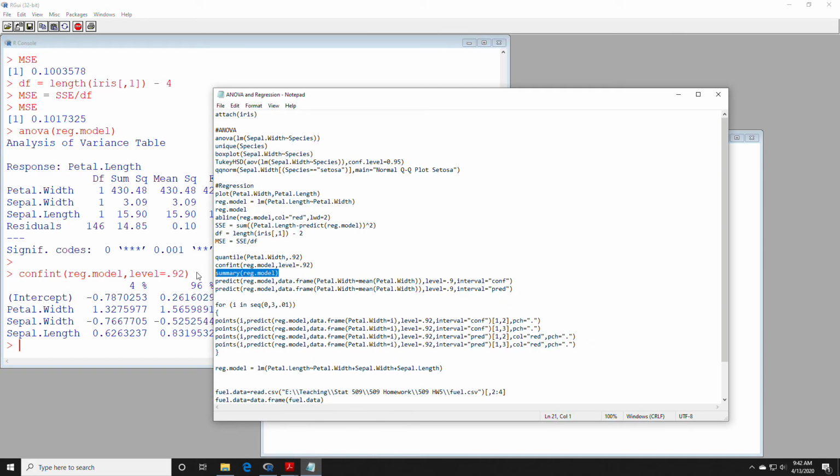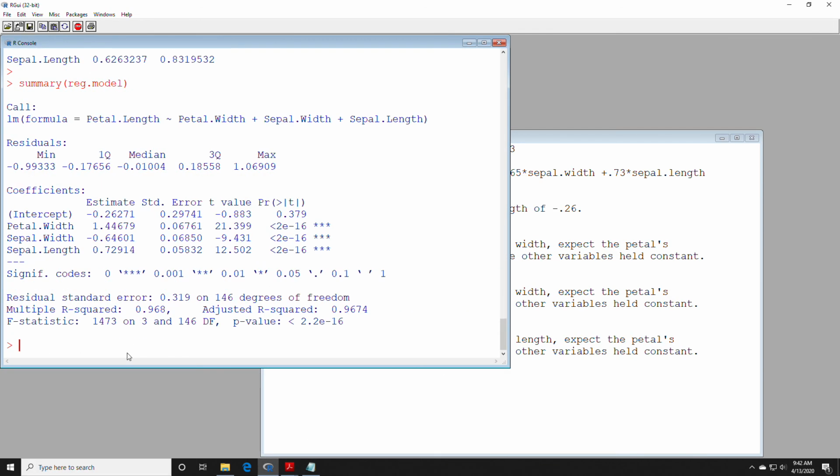Okay, summary. Lots of stuff. Here are our beta hats, our estimated regression parameters. Here are p-values. Just like before, this is the p-value testing the hypothesis whether beta naught is equal to 0.